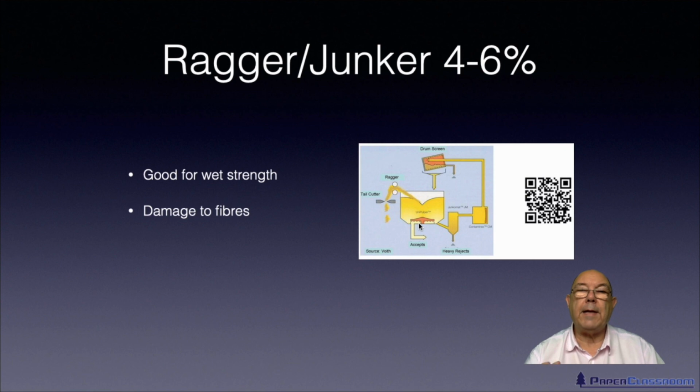And the interesting thing here is when we throw our bales of pulp into this device, although we cut the wires that are holding the pulp together, we do not remove them. We leave the wires to go in with the pulp.